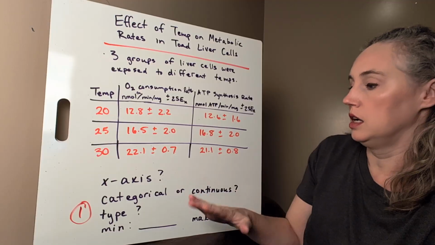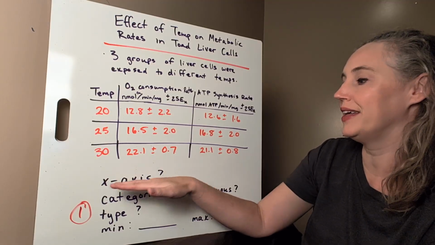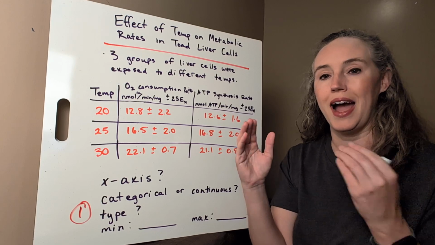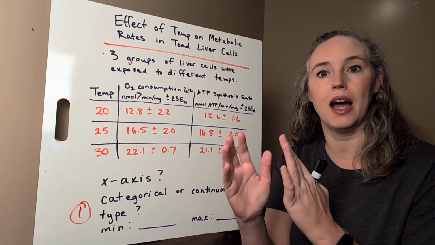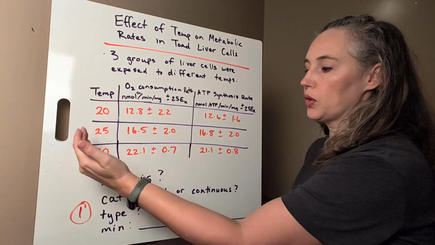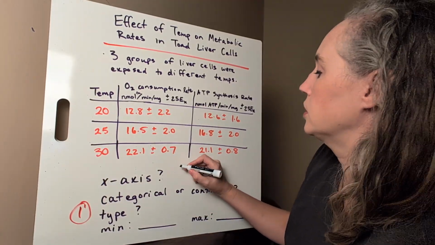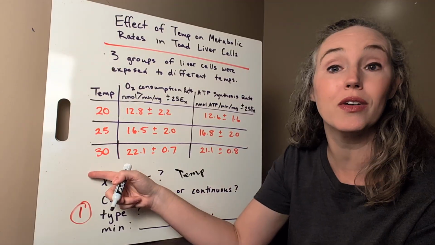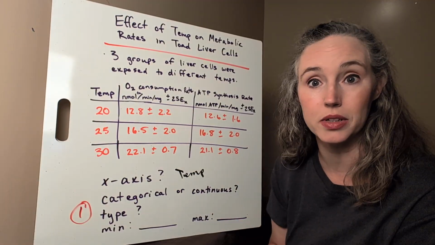So let's think. All right, what's going to go on the x-axis? Again, this is going to be how we organized our data, how we set up our experiment. And we set that up by these 3 different groups of temperatures. So temperature is going to go, and again, these are numerical, but they're not continuous, right?